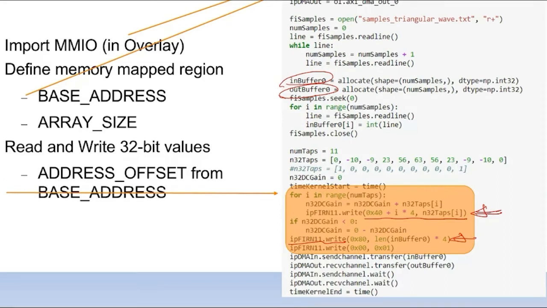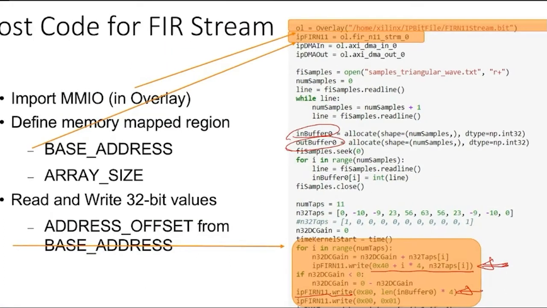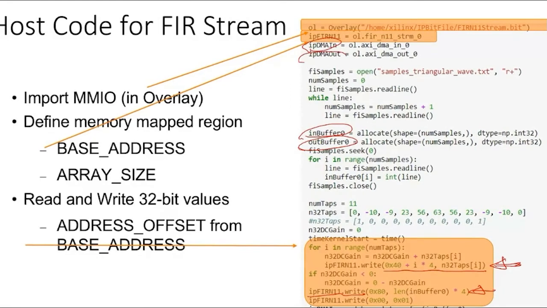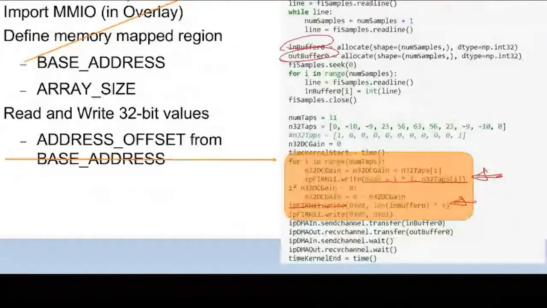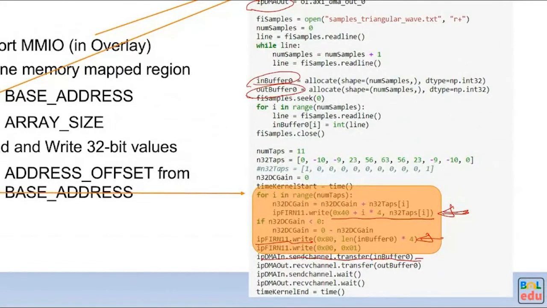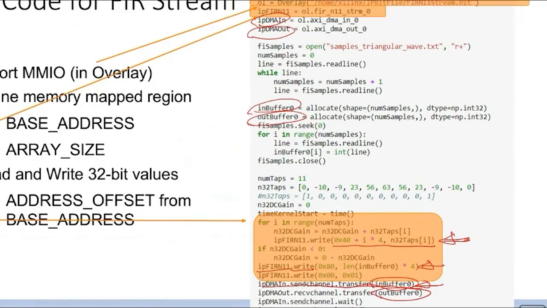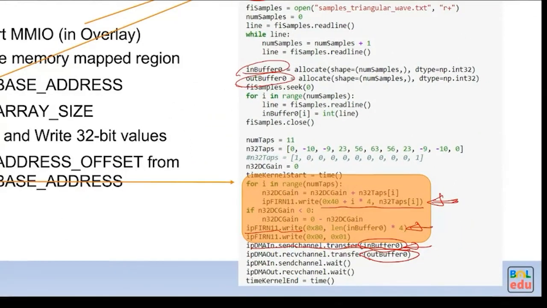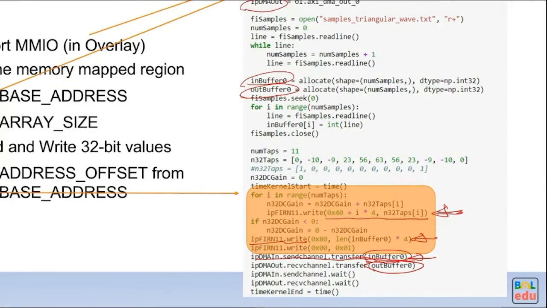Okay. And the two DMA engine here, you simply tell it the input buffer 0 and output buffer. Yeah. And this information already tells you the starting address and length.